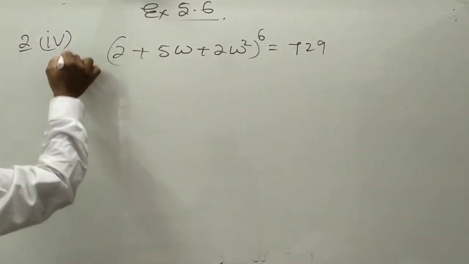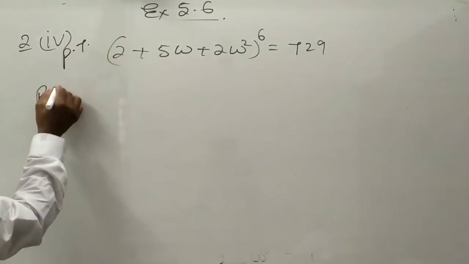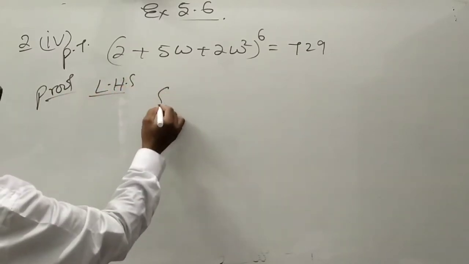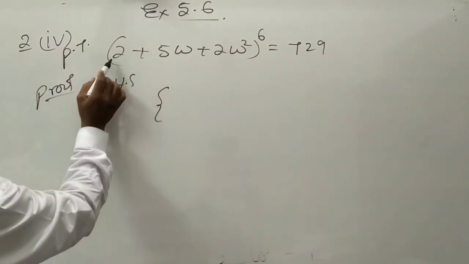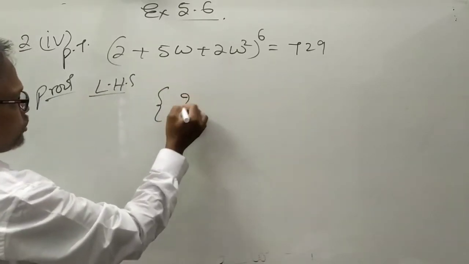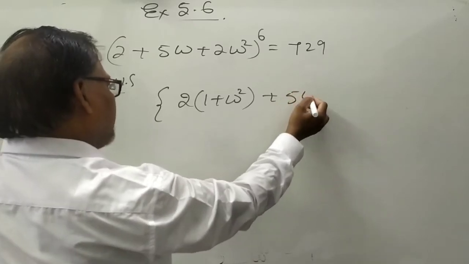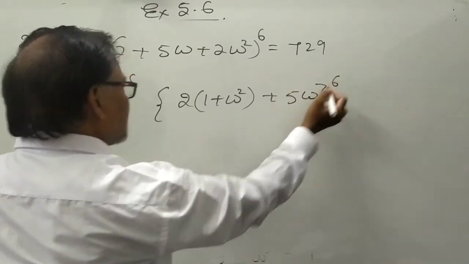This you have to show. How will we show it? Left hand side, very simple. Here you can see 2 and 2 omega square, 2 is common: 2 times (1 plus omega square) plus 5 omega, to the power 6.